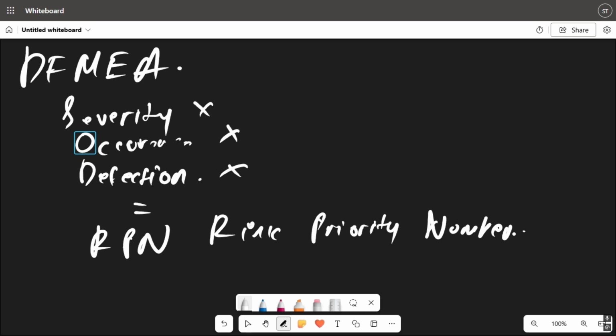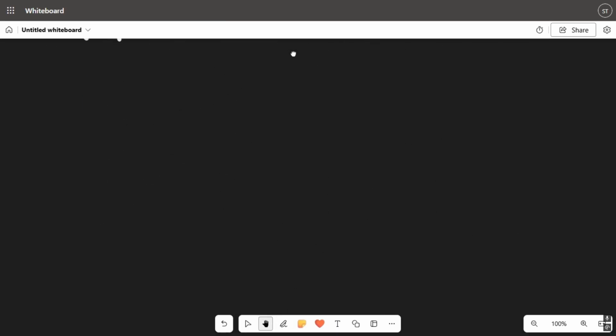So how is this severity calculated? Basically, we'll include it in a table-like structure where we'll have columns for the different failure modes that have to be assessed. For example, you can take a seat which is uncomfortable. So let me clear the screen. You can take first what is the main item.